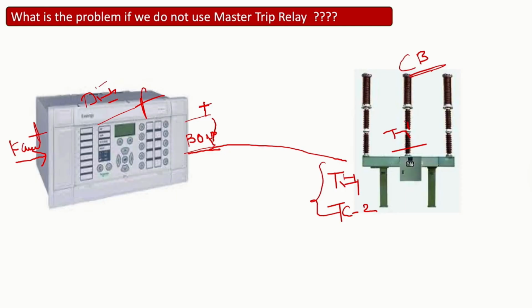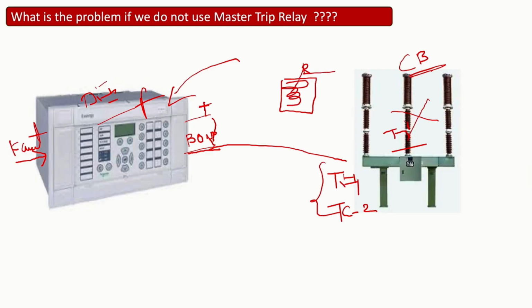Okay? When a fault occurs, but let's say the breaker doesn't trip, what will happen, friends? If the breaker doesn't trip, it could cause a major problem. To whom? This relay. How? Let's understand. Let's say this is our tripping coil, okay? A tripping coil. What does a tripping coil consist of? It has a resistance.